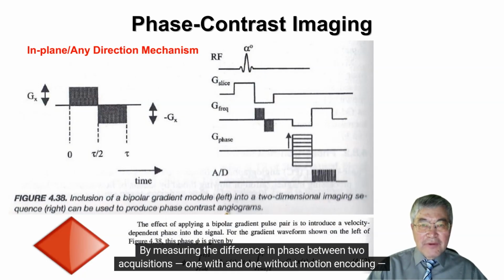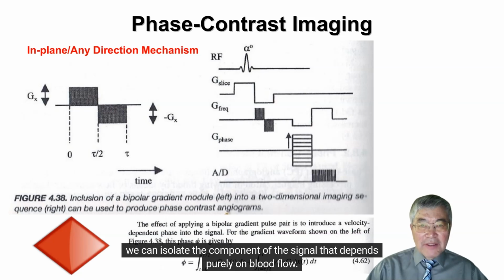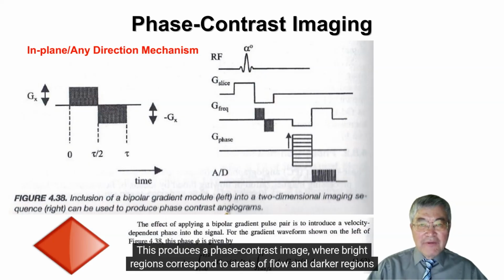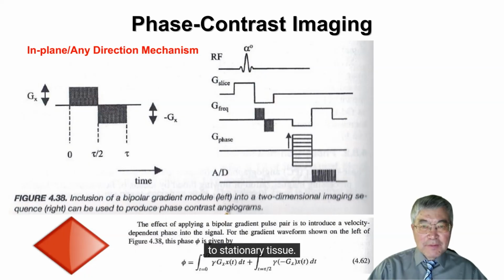By measuring the difference in phase between two acquisitions, one with and one without motion encoding, we can isolate the component of the signal that depends purely on blood flow. This produces a phase contrast image, where bright regions correspond to areas of flow and darker regions to stationary tissue.